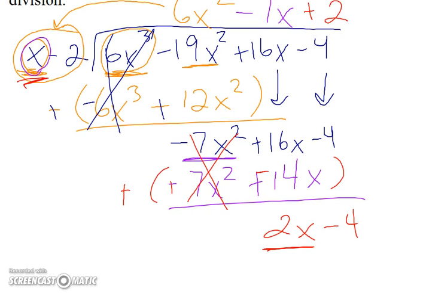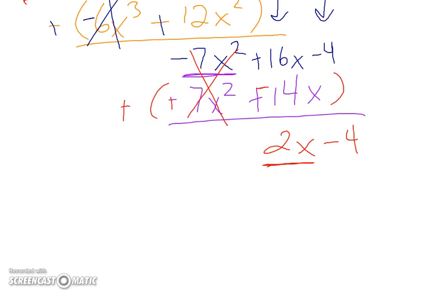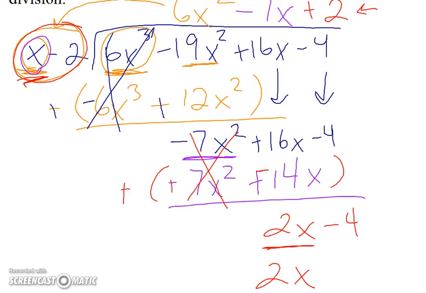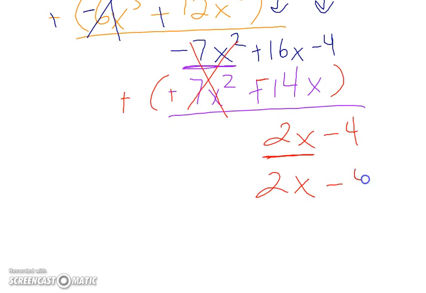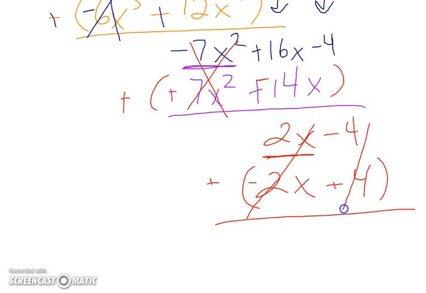When I multiply that 2 back through this binomial in the front, 2 times x is 2x, and 2 times negative 2 is negative 4. Now I'm going to subtract this and change the signs to plus, minus, plus. Those cancel, and I'm left with 0, which is really good news because that means my remainder in this problem happens to be 0. We'll talk about the significance of that later.